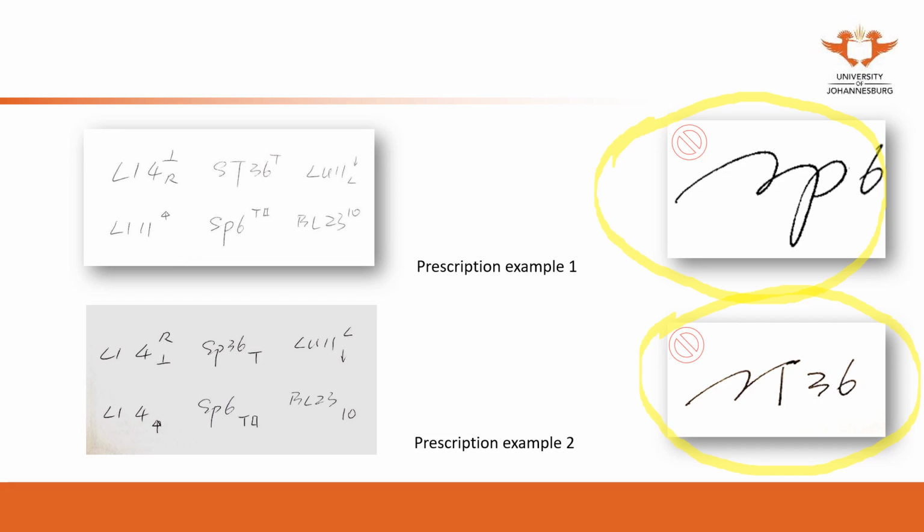For the technique, you can write on the side of your points. For example, Large Intestine 4, reducing technique on the right side. Or you can write the side and the technique, one above, one below.